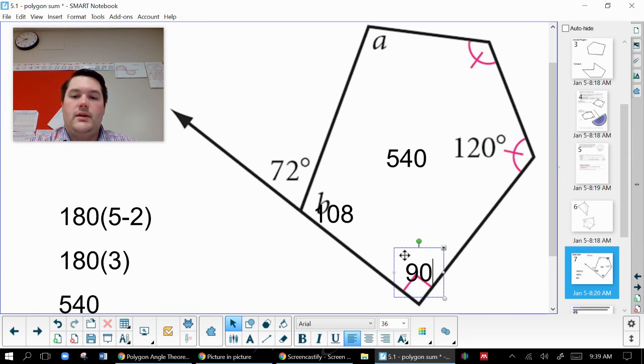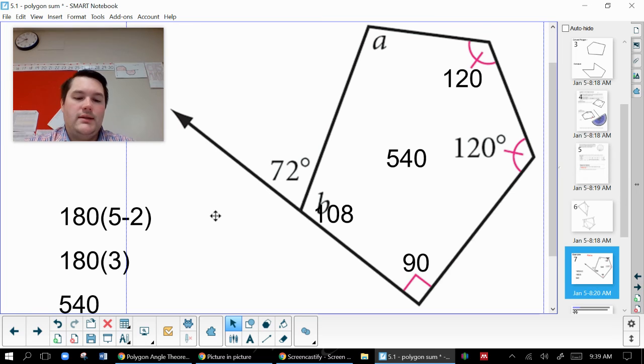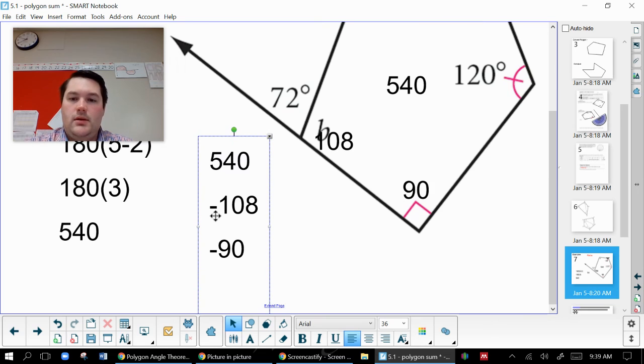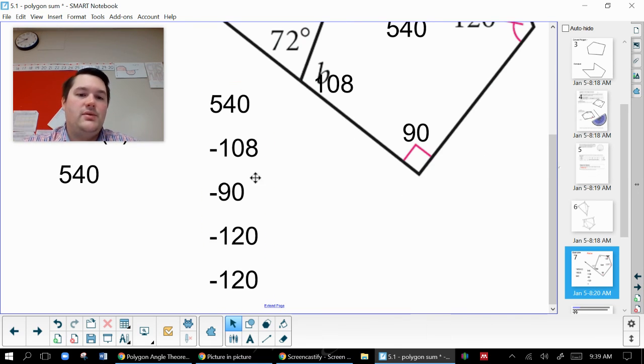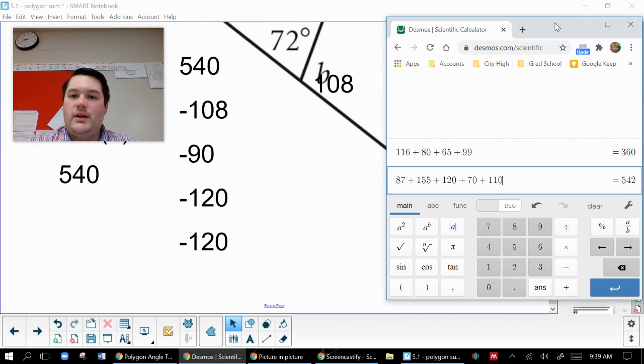Well, I've got one down here that's marked as a right angle, so I know that one's 90. These two angles are marked congruent, so I know this one also has to be 120. And now I can use the fact that I know 4 of the angles and I know the total. So I can take my 540 minus 108 minus 90 minus 120 and minus 120 again. And please do not do this in your head or on paper. This is what calculators were invented for.